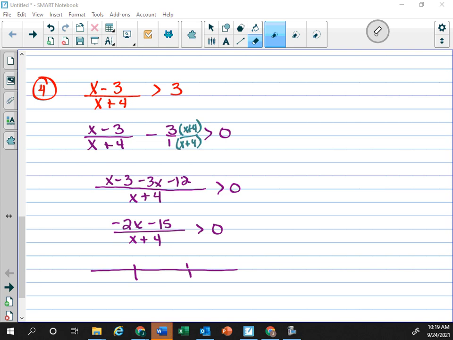Oh, there we go. Draw the number line. And so that kind of just threw off.